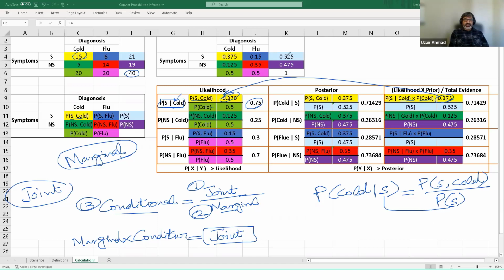What is the probability of sneezing? 0.525. Joint, 0.375. So the same ratio, same formula, just changing the marginal probability gave us the corresponding conditional. Conditioning on what? Whatever we are conditioning on is going to be the denominator for marginal.